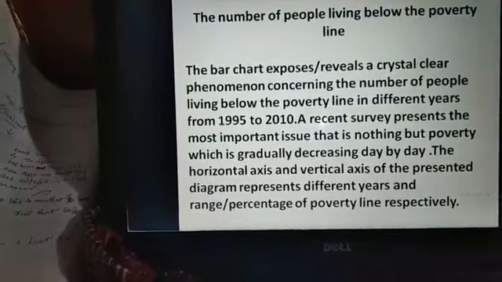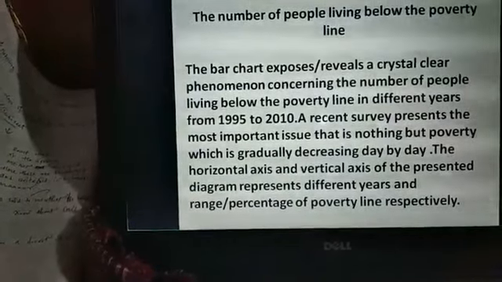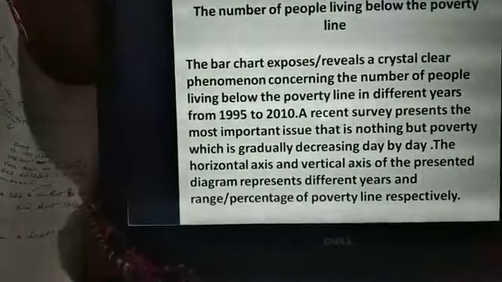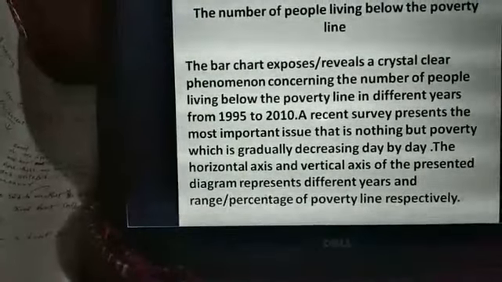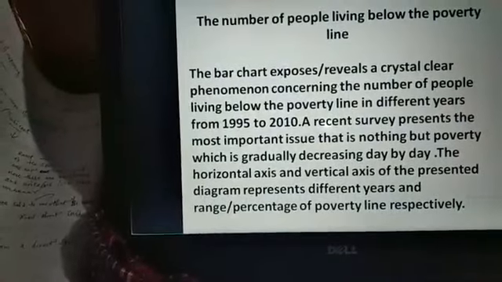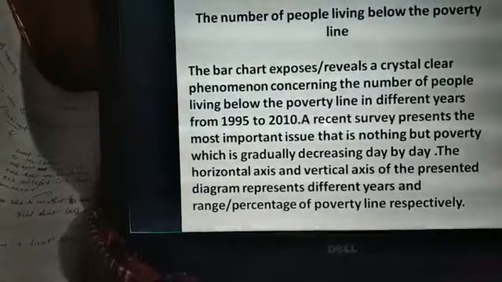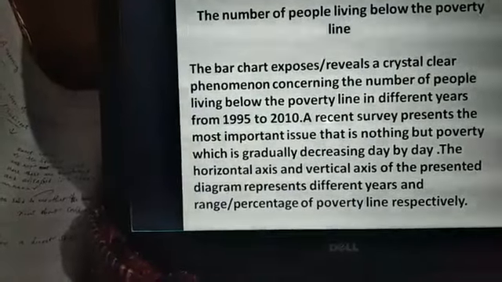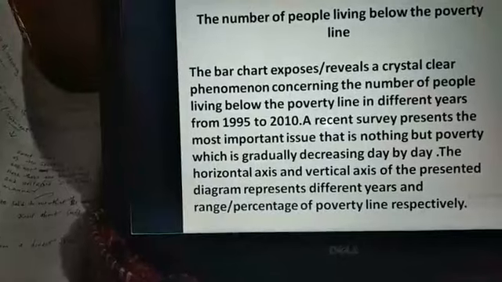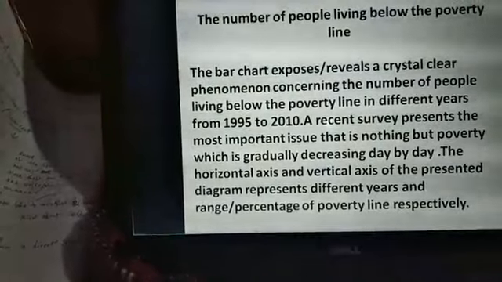The first line will be this. For every graph and chart, you will change just the main topic and year, nothing else. And the second line: a recent survey presents the most important issue, that is nothing but poverty, which is gradually decreasing day by day.